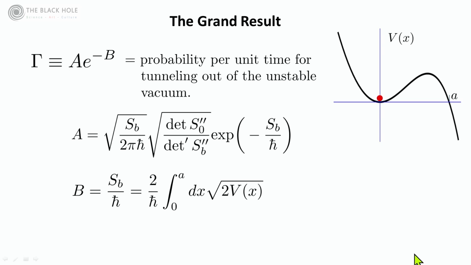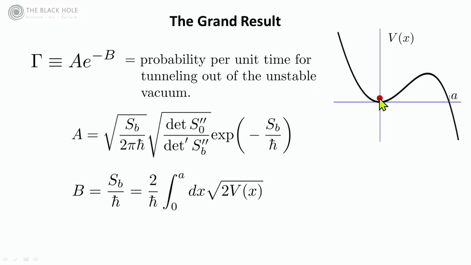And so this is my last slide. It's the great grand result, which says that we have succeeded in calculating the decay amplitude, gamma. It has this form, there's something times e to the minus b. And this is well, you can just look at the dimensions. This is probability per unit time for tunneling out of the unstable vacuum.